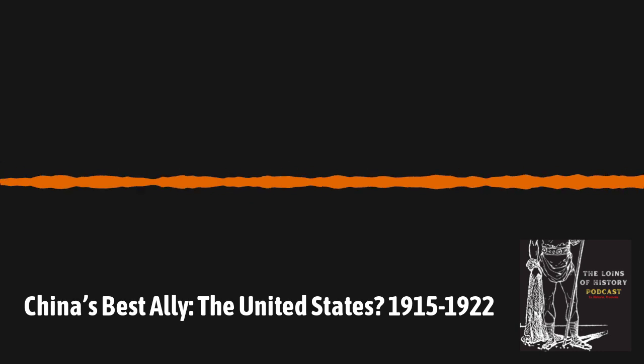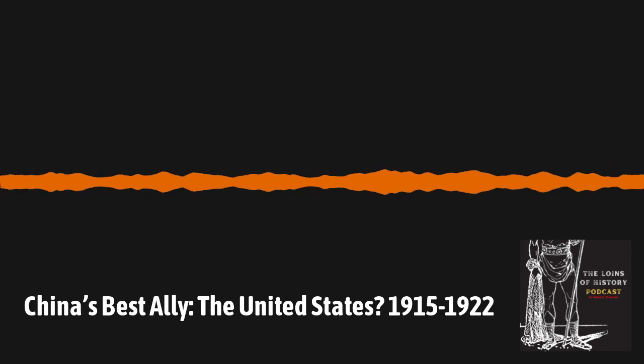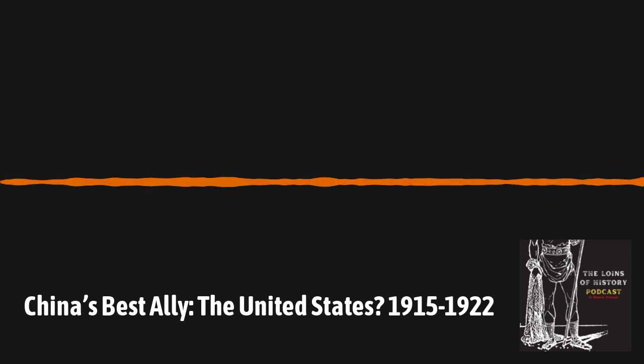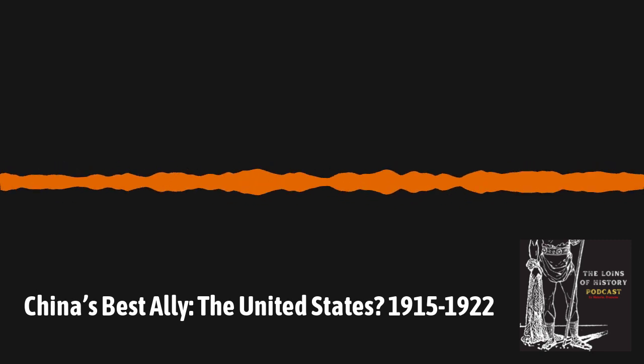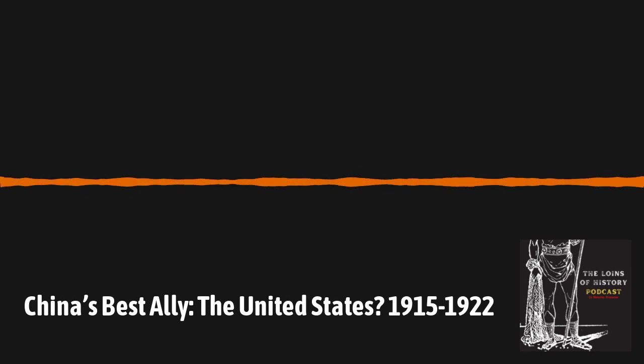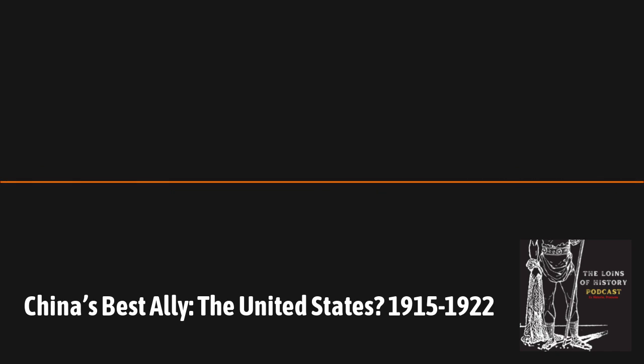And this compromise becomes the 1922 Nine-Power Treaty. So everybody was there in Washington. We got 9 total powers to sign off on this bad boy. And essentially the Nine-Power Treaty codified the open door policy.